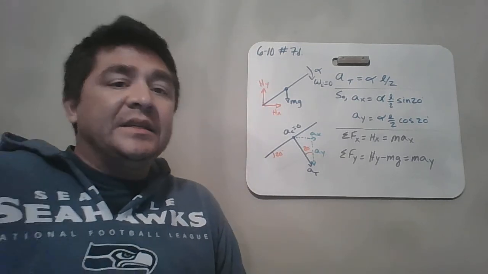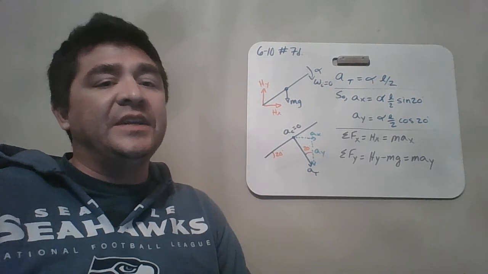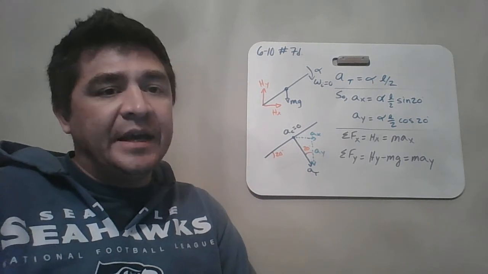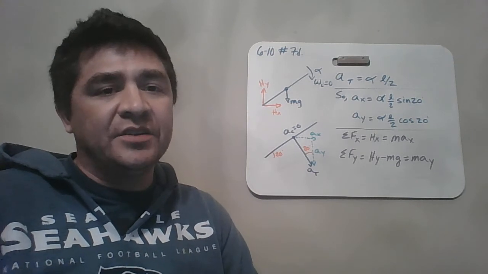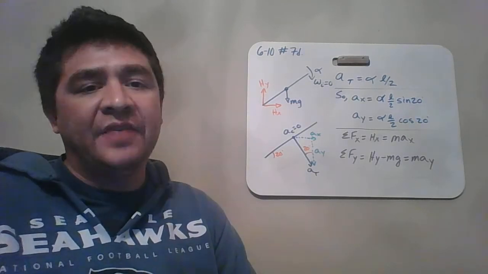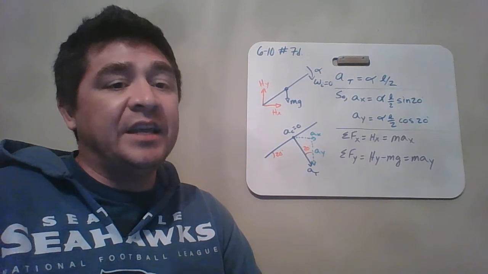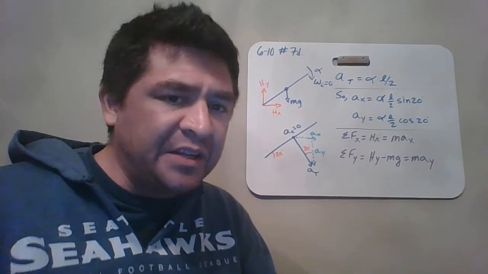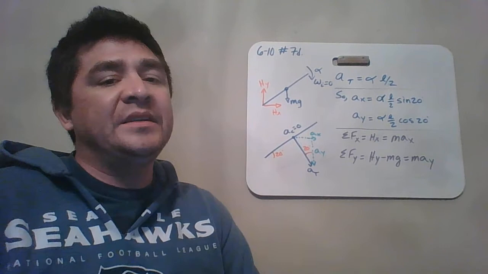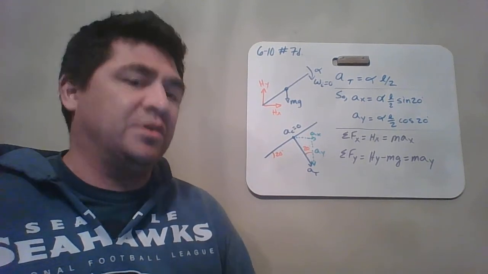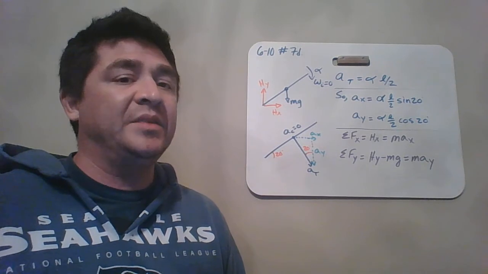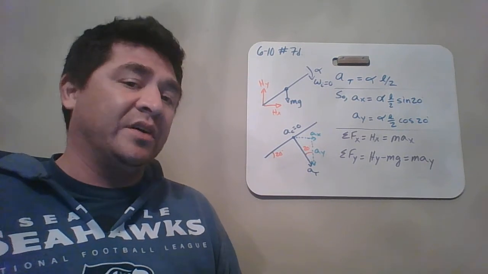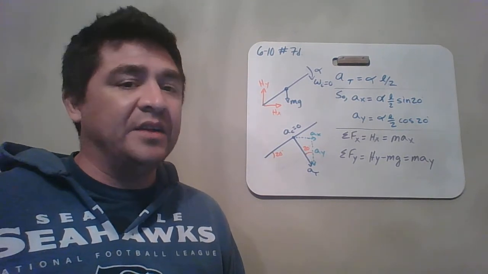In part D here, we need to find the tangential acceleration, which is going to be alpha times L over 2. We already found angular acceleration in the first part, so we've got that. That gives our tangential acceleration. Now, the other thing to keep in mind is there might be a centripetal or radial acceleration once it's in motion, and we'll have to do that in part E when it hits the wall and has a final velocity.